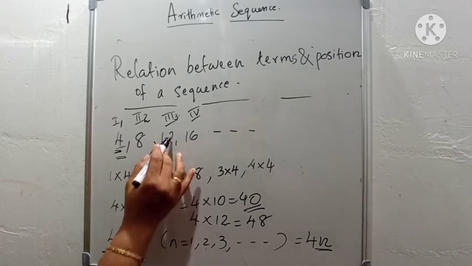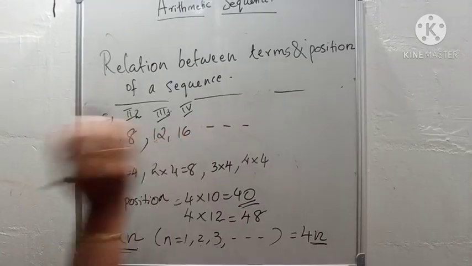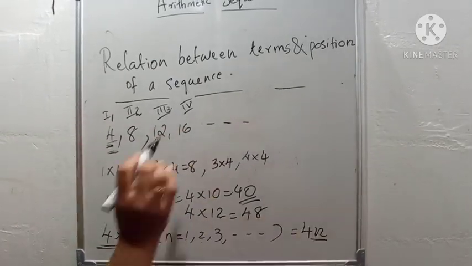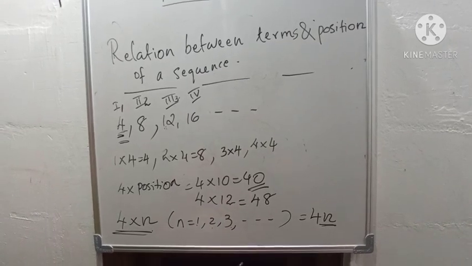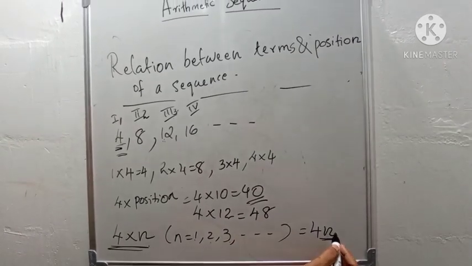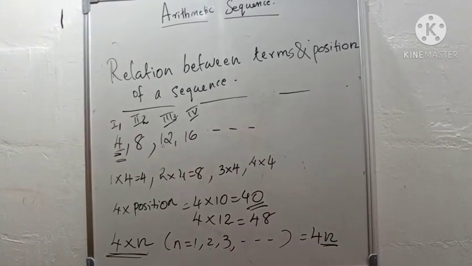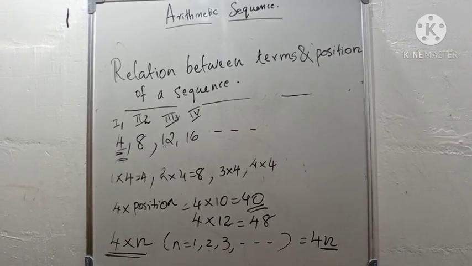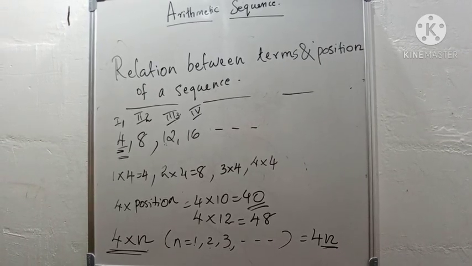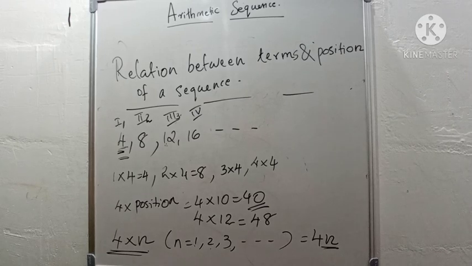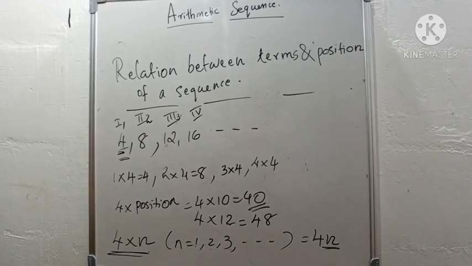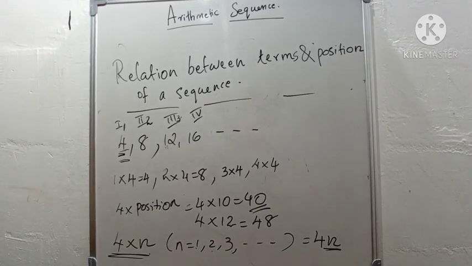The third term, 4 into 3, 12. If we need the 50th term, we find 4 into 50, which is equal to 200. So this is how we find the relation between the position and terms of a sequence.